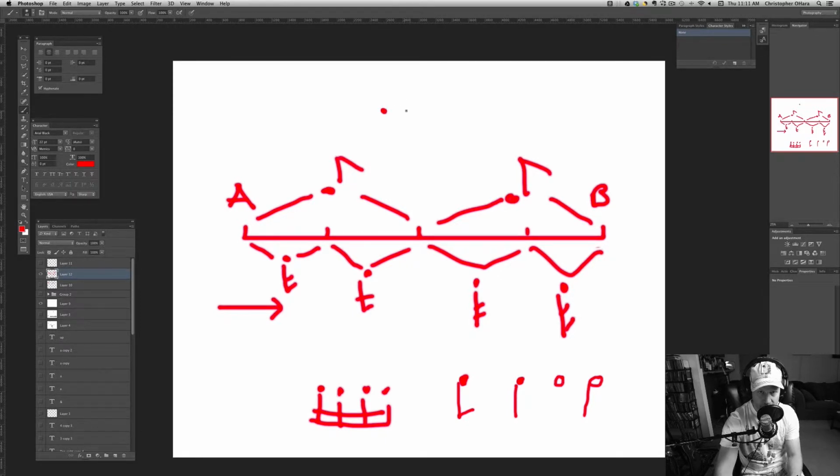Eighth notes can also be connected together like this. There's no difference between this and this. Eighth notes by themselves, separate like that, is just breaking it apart in this example here, so don't get confused about that. And 16th notes have 2 flags next to them.